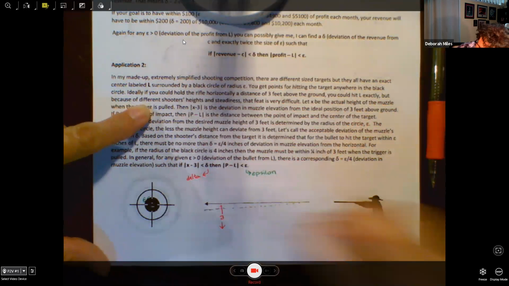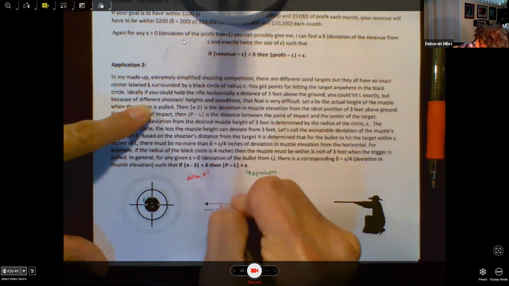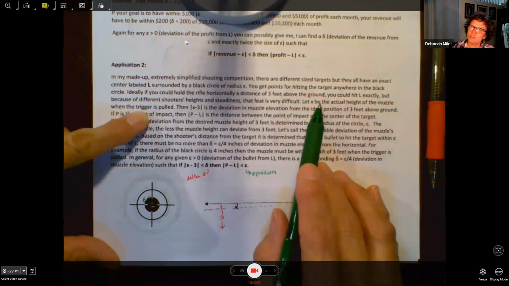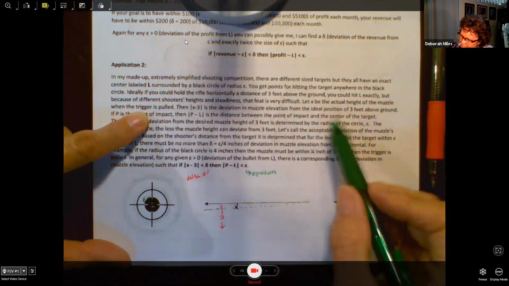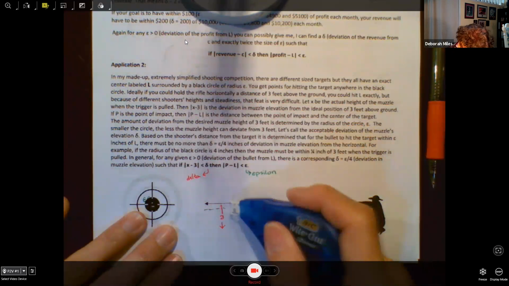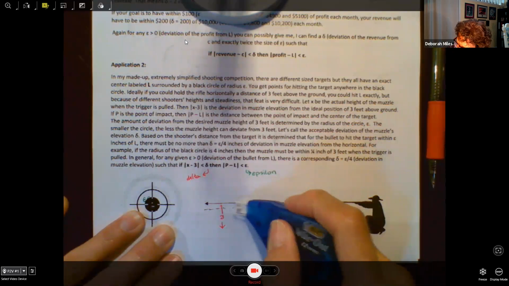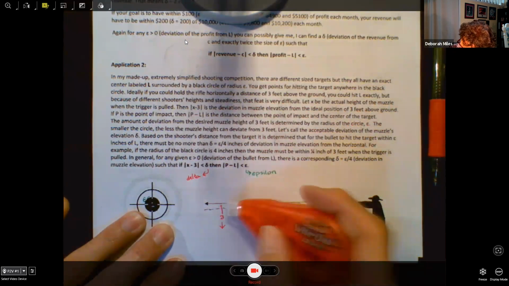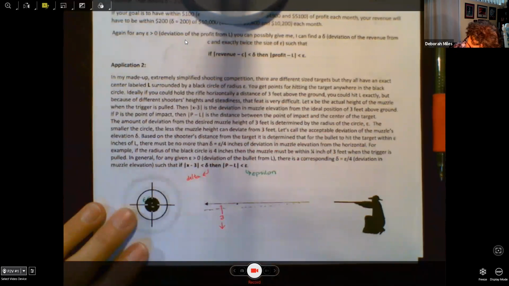Then let's call this X, the amount of deviation, the actual, not the amount of deviation, but the actual height. So that shouldn't be X. X is the actual height.